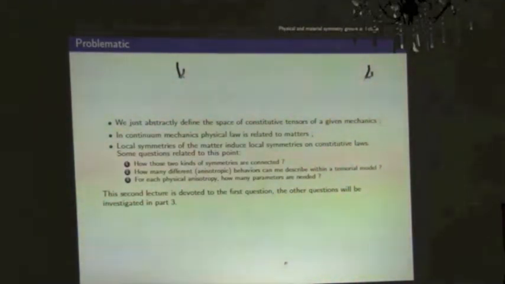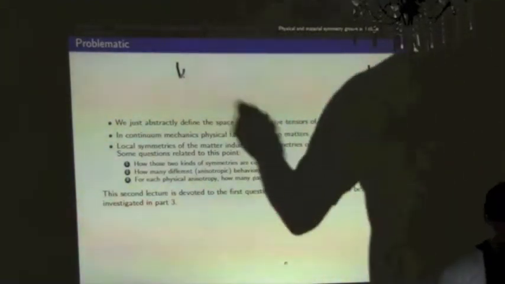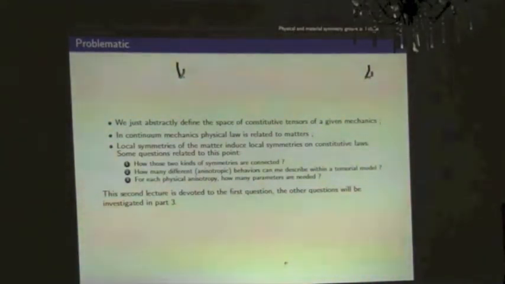Okay, but to answer this question, that is the number of different systems and the dimension of each one of the systems, the first point is to connect in some way microstructure and physical behavior. So this part will be mostly devoted to this connection.